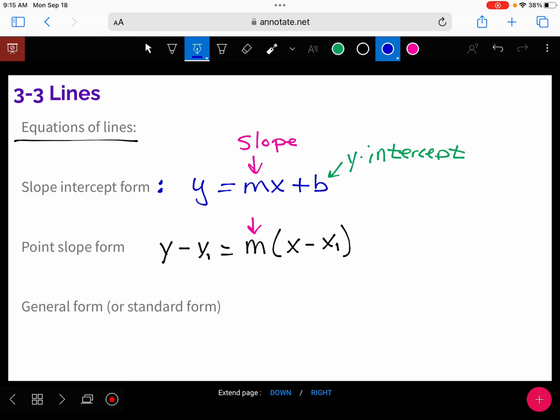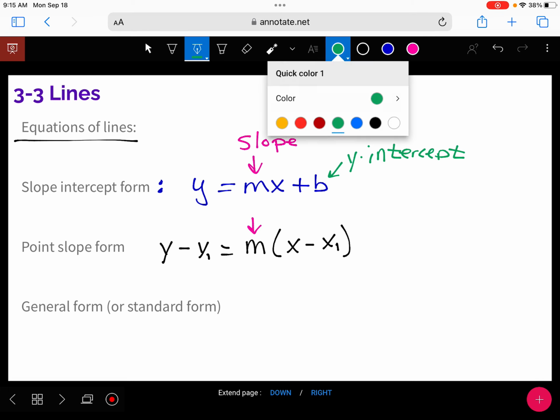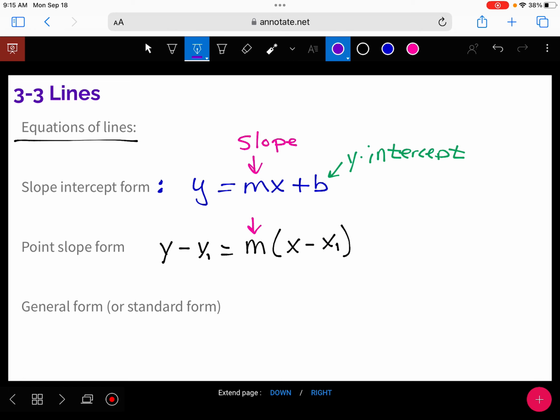The different piece on this one is that we are not given the y-intercept. We are given a random point on the line. x sub 1, y sub 1 is just a random point on the line. Any possible point.